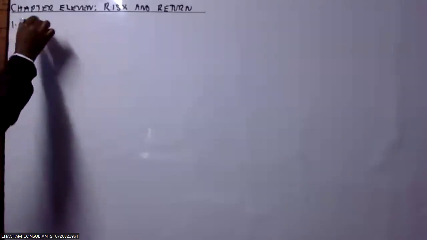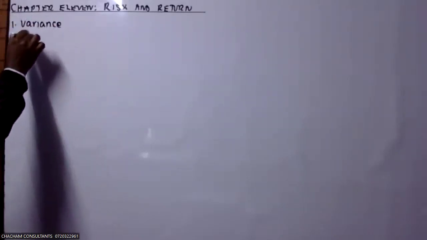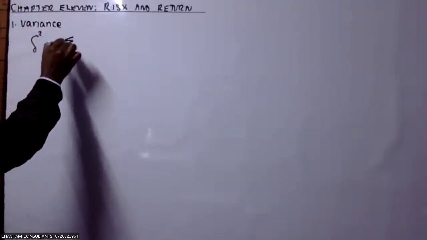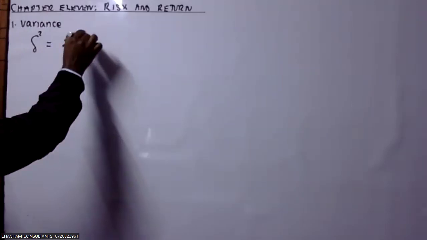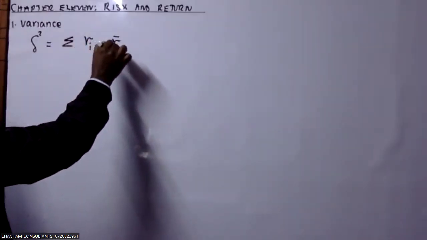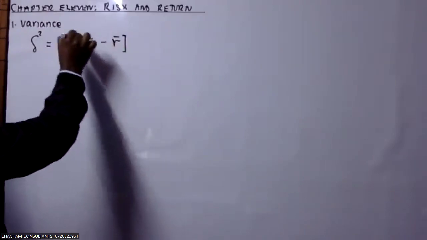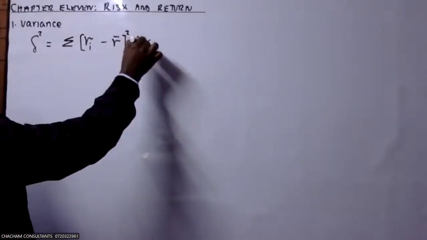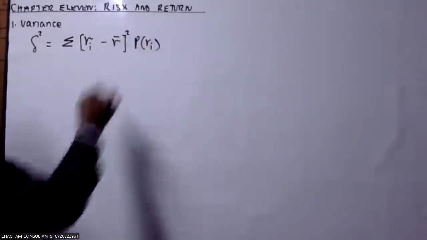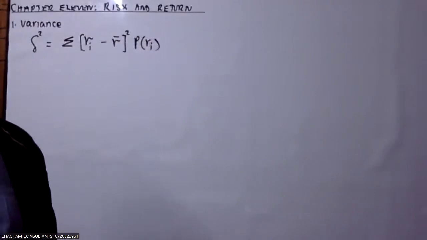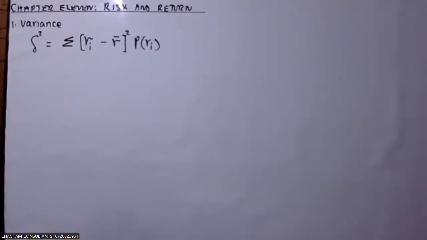One is called variance, and variance is computed like this. It is the sum of Ri minus R bar, you square this, you multiply by the probability of Ri. R bar, remember R bar is the expected value.